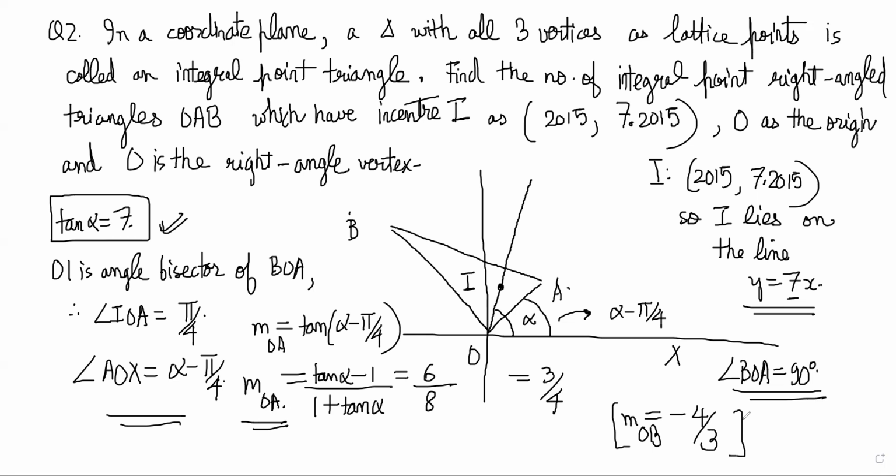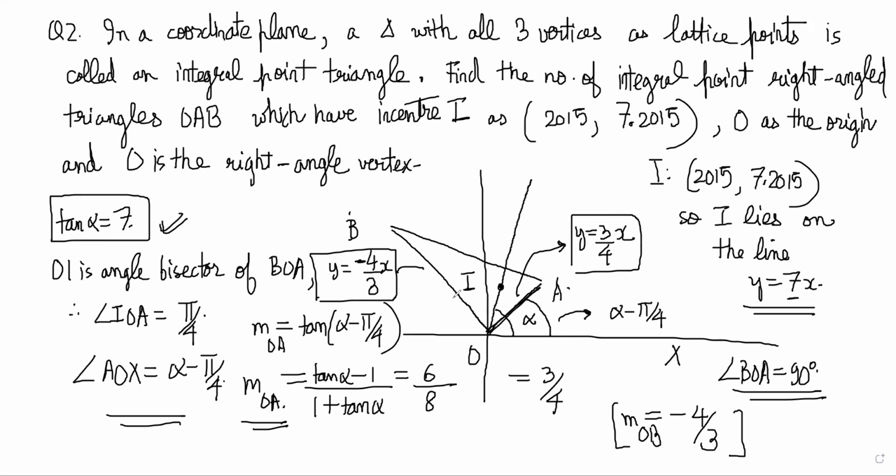Okay, so both of these lines are passing through the origin. So we can say that this line equation should be y is equal to 3 by 4 x, and this line equation should be y is equal to minus 4 by 3 x, right? So we have gotten this information now of the OA line and the OB line. So the coordinates for A and B we can write in terms of two unknowns.